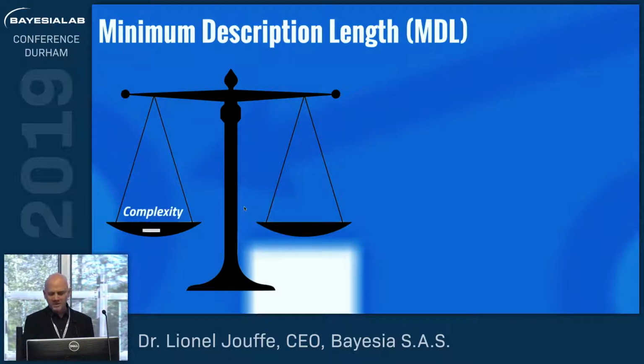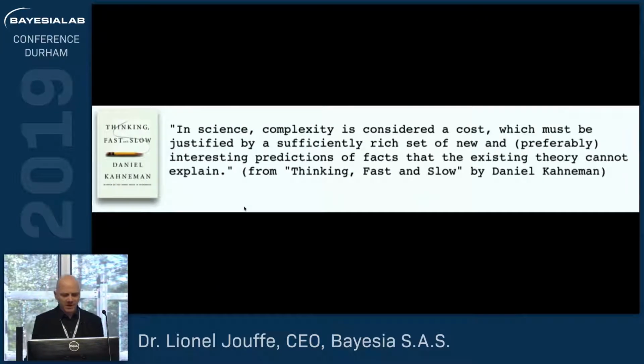But for complexity, this is something I highly recommend, this book. I don't know if you read this book from Kahneman, but in science, complexity is considered as a cost, right? Which must be justified by a sufficiently rich set of new and preferably interesting predictions of facts that the existing theory cannot explain.